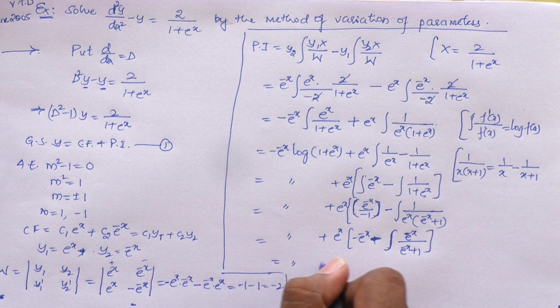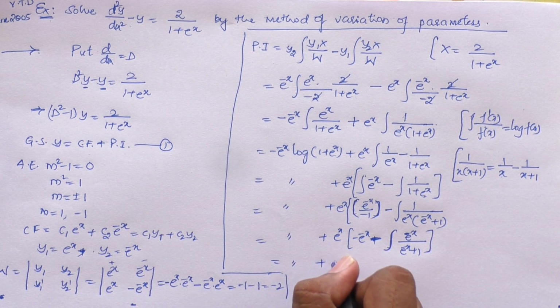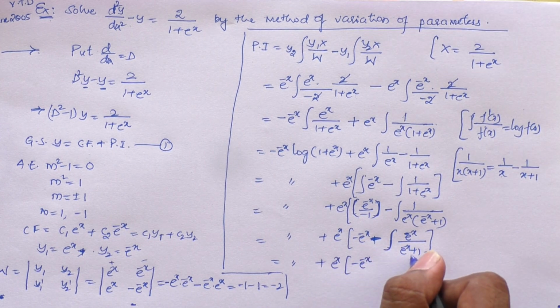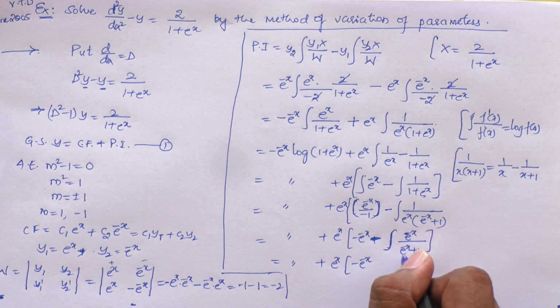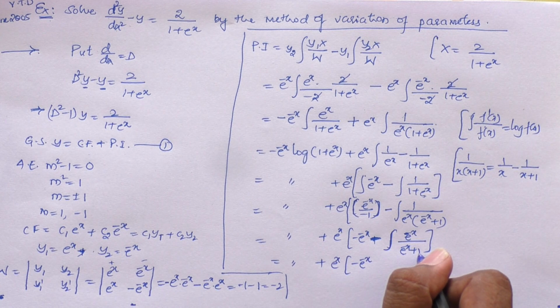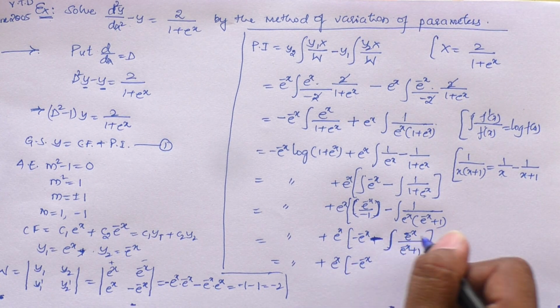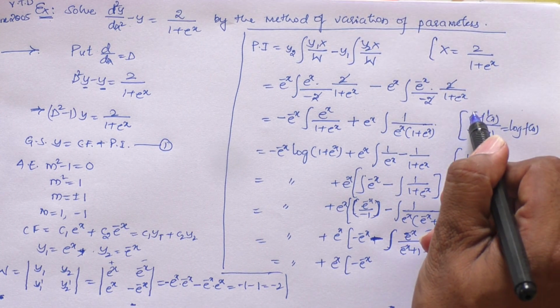Now this term as it is plus e raised to x into bracket minus e raised to minus x. Now look at the denominator, e raised to minus x plus 1, its derivative is minus e raised to minus x. So we can apply this result.